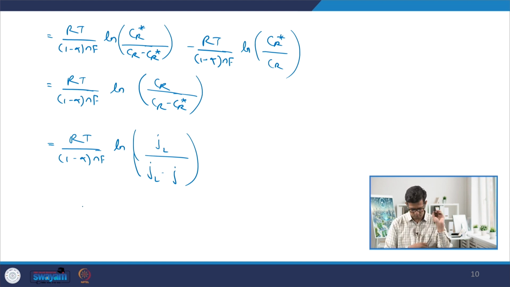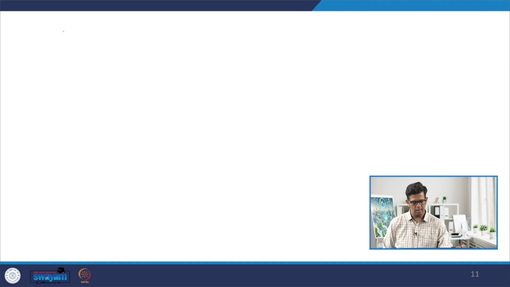So let us move ahead. We can write the final eta concentration as basically the sum of both of these, or rather the mass transfer losses arising from the Nernst potential as well as the Butler-Volmer equation.